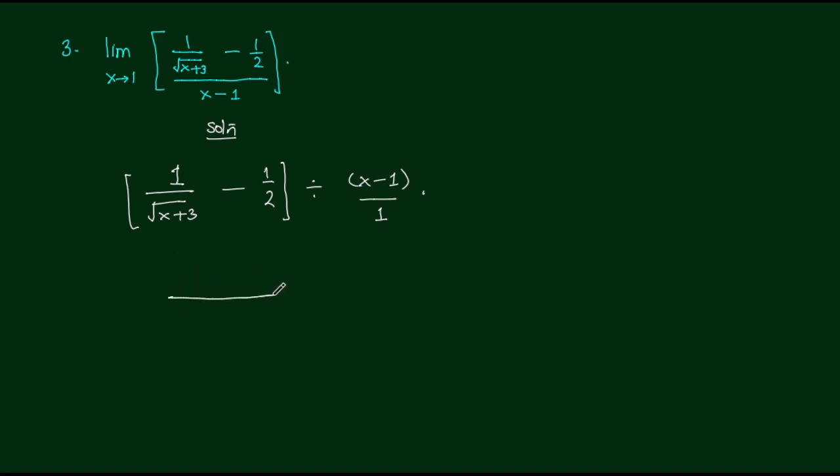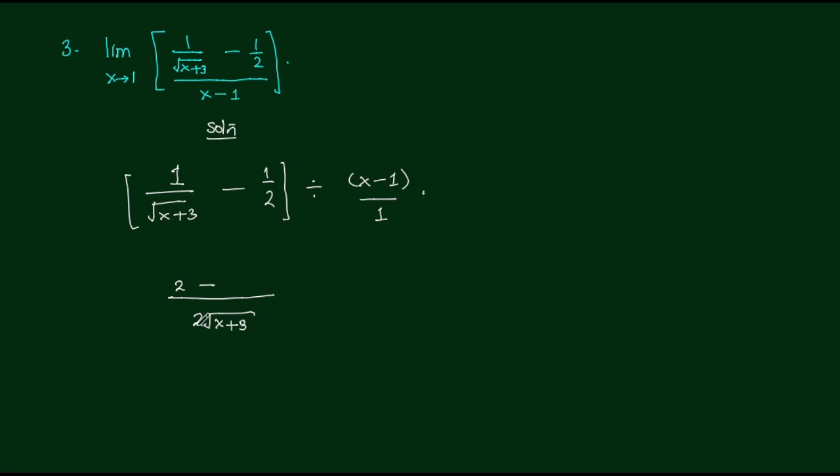So getting our LCM, we now have 2 times root x plus 3. When you divide this LCM by the first denominator, we get 2, and 2 times 1 is 2.